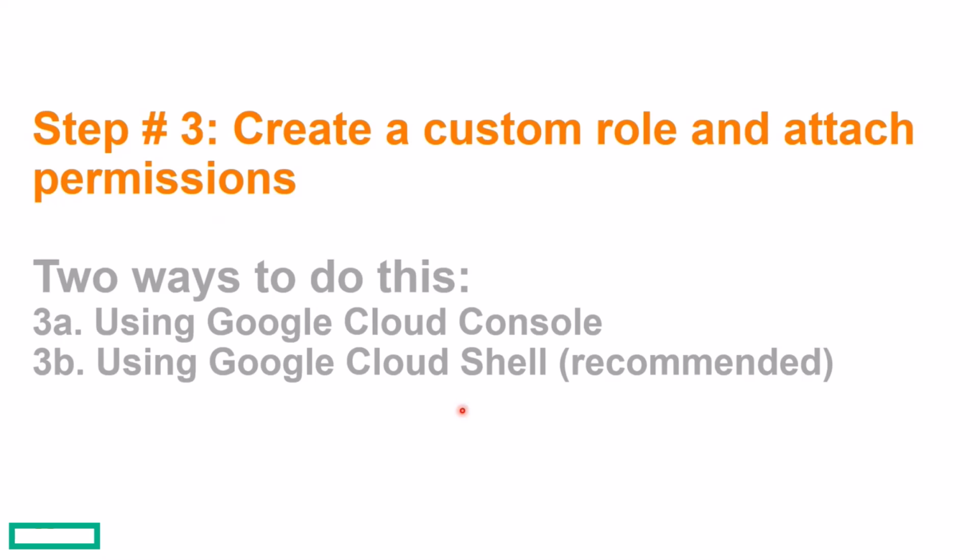We recommend that you use the Cloud Shell, and I'll explain why. It's because it's much easier for you to run a single CLI command to create this instead of having to add each permission manually. But first, I'll explain how you do this using the console.